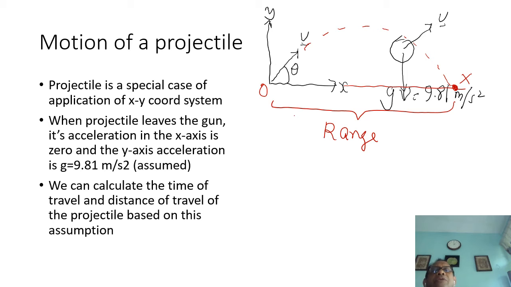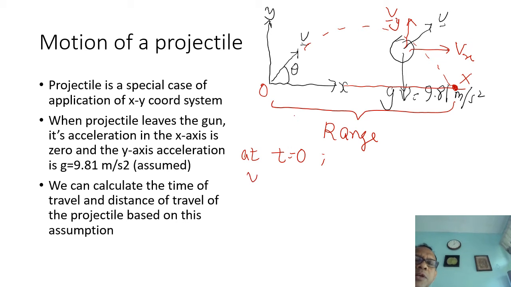So what is the assumption here? We know that there are two components of velocity here, Vy and Vx. At t equals 0, the projectile is launched.